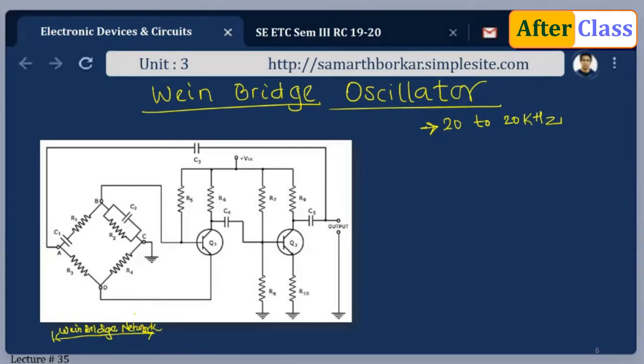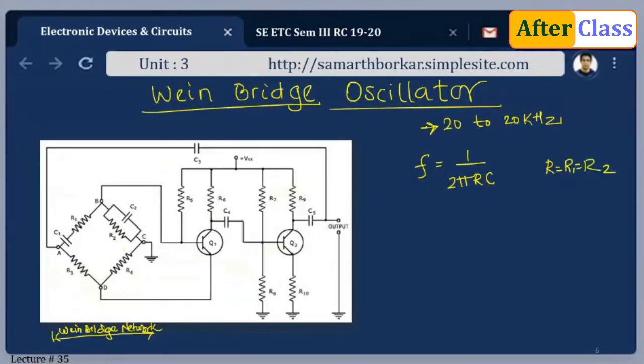So if I want to change the frequency, let me directly jump to the final expression, which we are going to derive. The frequency is f equals 1 upon 2 pi RC. That means this frequency is a function of R and C. Here R equals R1 equals R2.